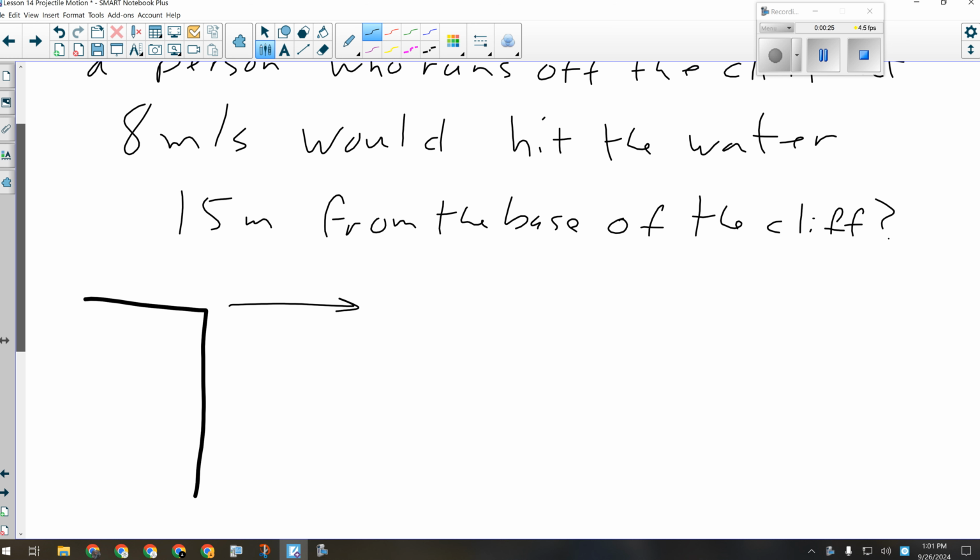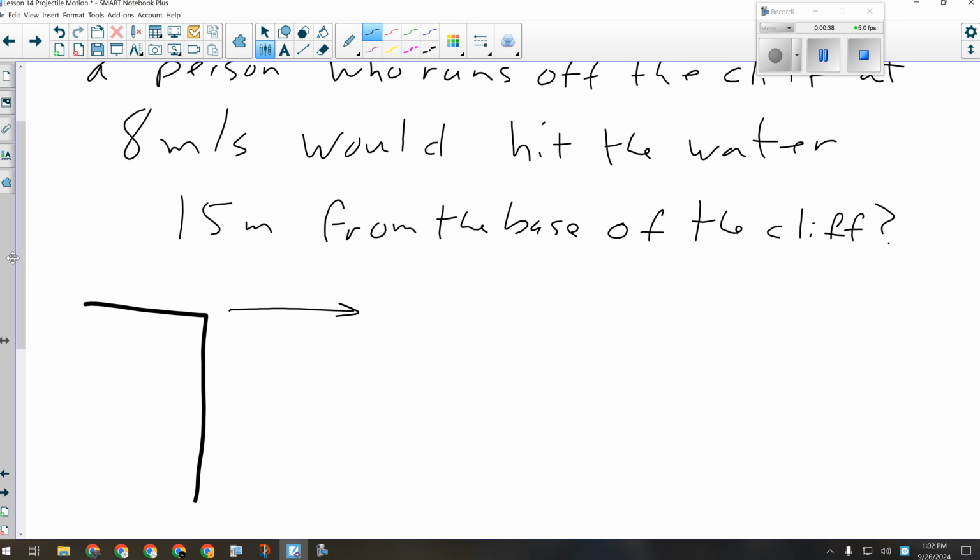One of the most important is that its initial vertical velocity is zero. If it is projected horizontally, it is not moving vertically at time zero. That is probably the most important thing to remember.